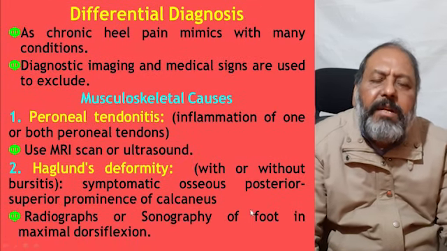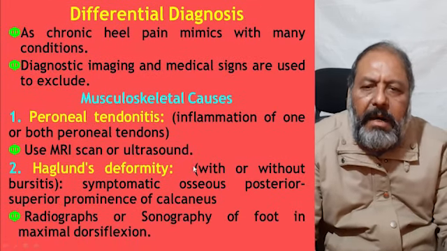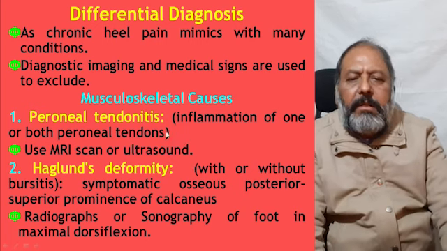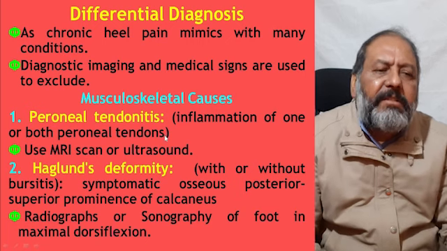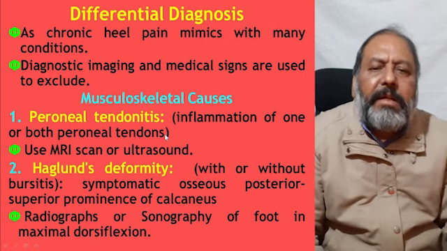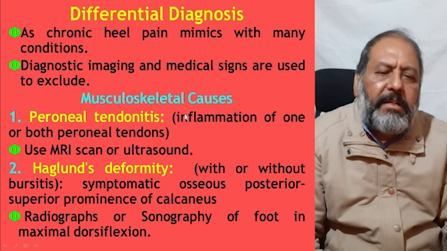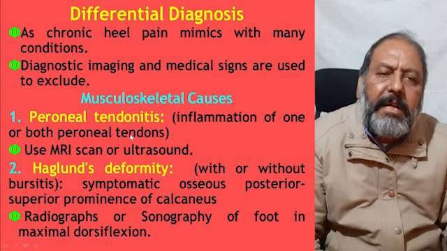Now, the differential diagnoses: chronic heel pain mimics many conditions, so diagnostic imaging and medical signs are used to exclude the different diseases. The musculoskeletal causes include peroneal tendonitis.